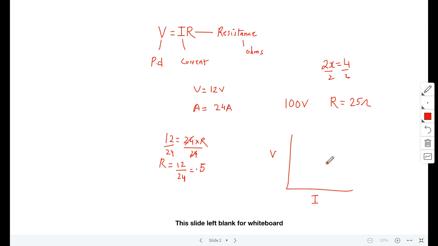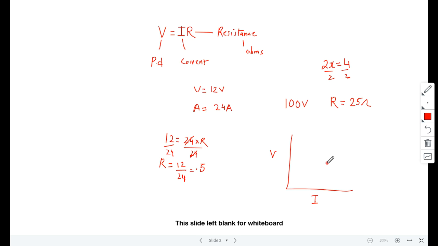So V equals potential difference and RI equals resistance and current. Yes. So you could say that the amount of current and resistance put together would be equal to the potential difference.